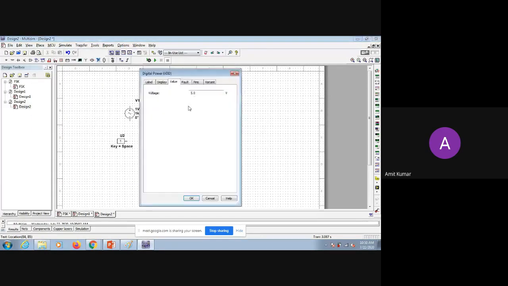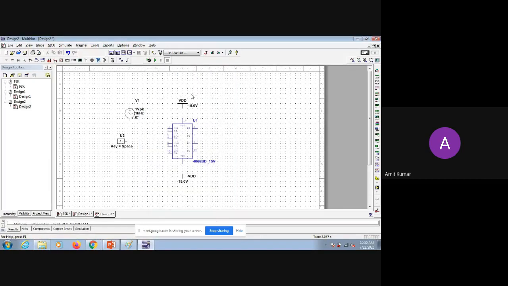We will connect the power supply. These two are power supplies. So we will connect.